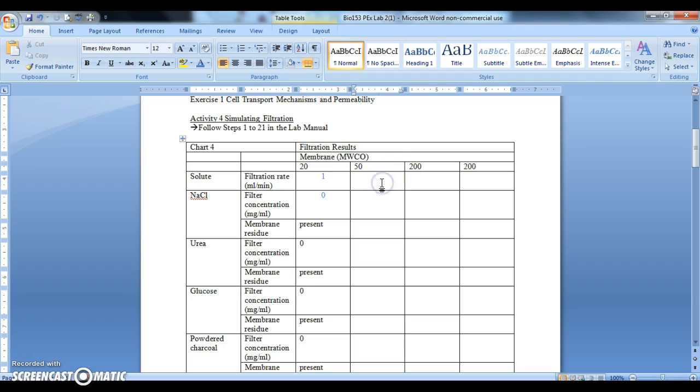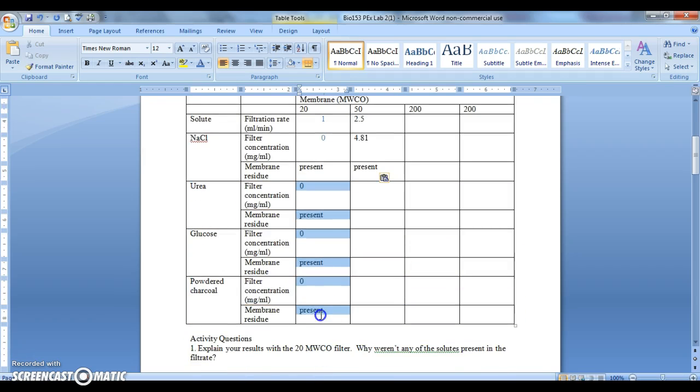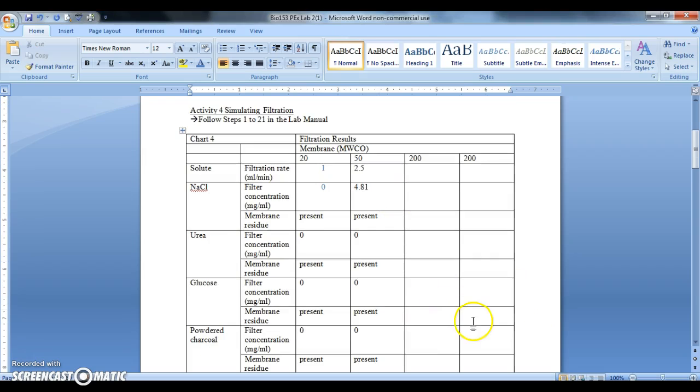So the filtration rate was 2.5. Sodium chloride was 4.81. Present, I think I still have it copied here, although I'm going to copy these all now because they were all the same, like so.